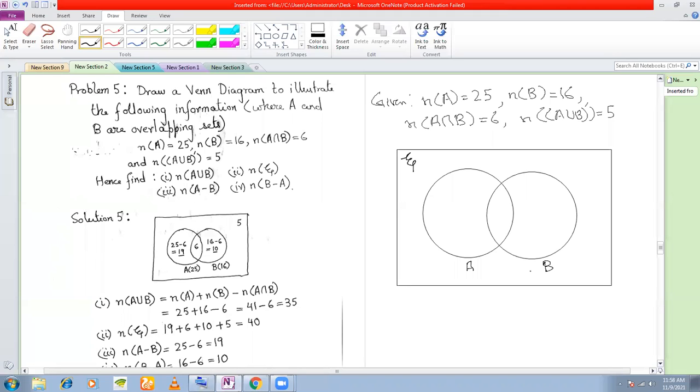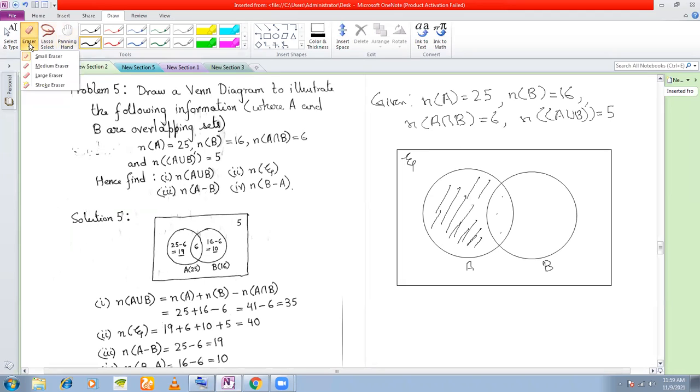First of all, you see that the cardinality of A is given to be 25. When I say cardinality of A, it includes all the elements that are in A and B both, because it includes this common part also. But when I am talking about only this area, I mean A only.